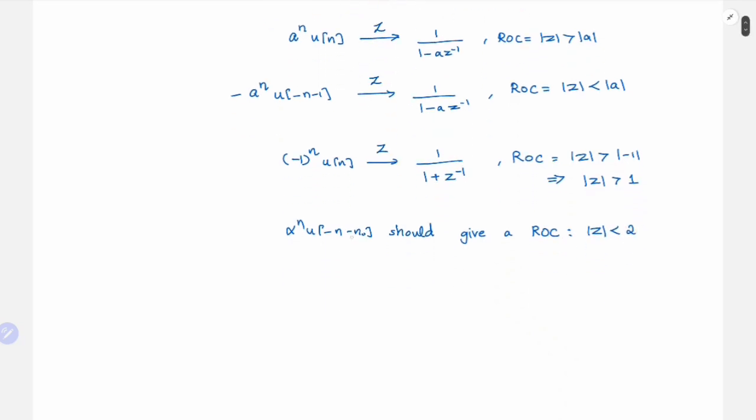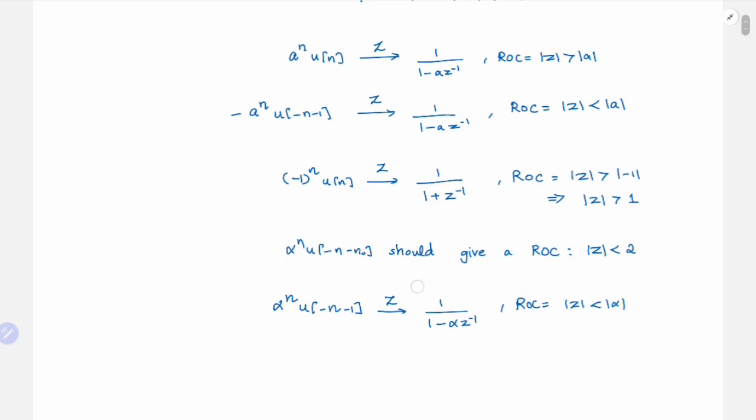So let us try to first generalize this. If you have alpha power n u of minus n minus 1, we'll have a z transform 1 by 1 minus alpha z inverse, and our ROC will be mod z less than mod alpha.